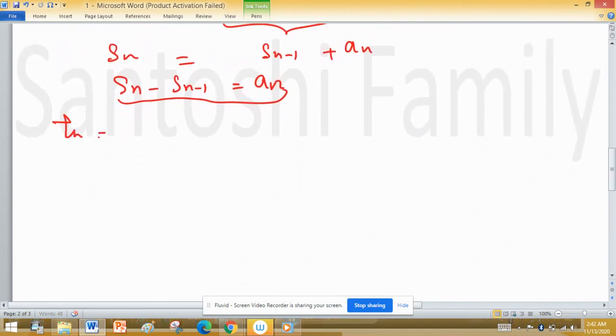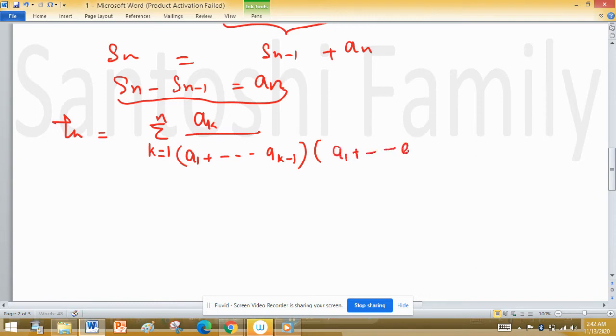So Tn equals summation ak divided by a1 up to a k minus 1, because this summation is over k, and the sum of a1 up to ak, because this is for sk minus 1, and this is for sk.